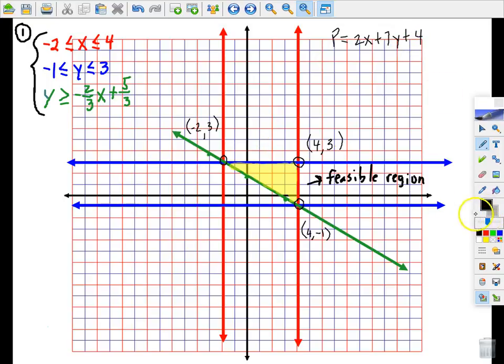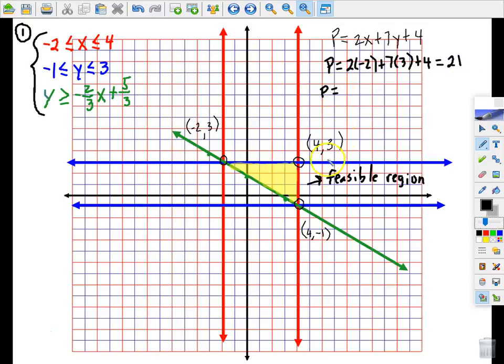Okay, so let's test each one of our vertices, and we'll see which of these vertices gives us the highest p and which one gives us the lowest. So I'll just start here. I'm going to plug -2 in for x and 3 in for y, and simplify this. So this is -4 plus 21, which is 17, plus 4, 21.